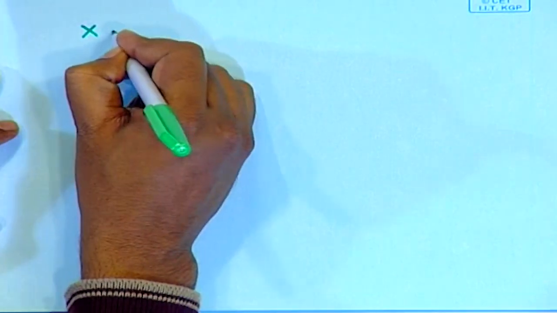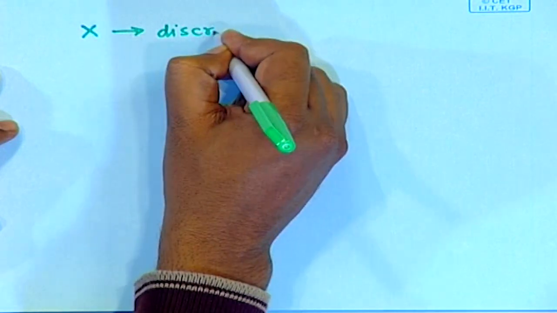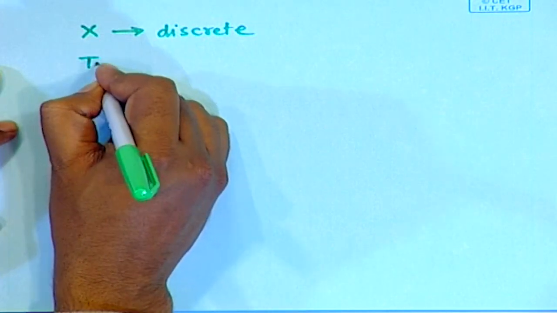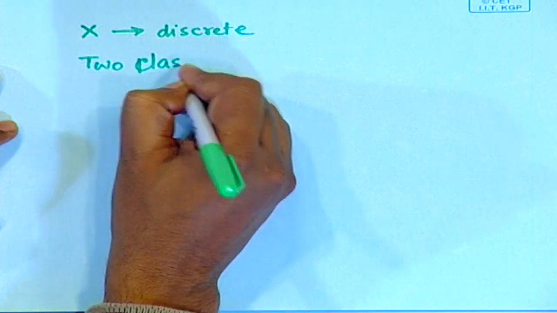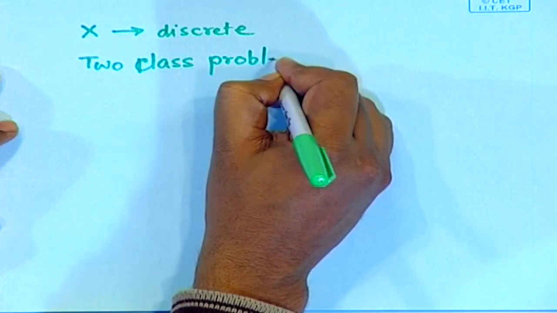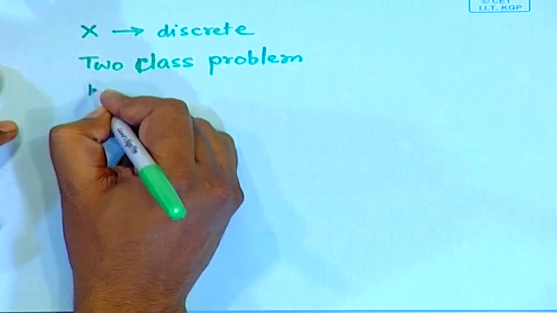So we will take a specific case of discrete feature vectors. Let us consider a case where we have our feature vector x, which will be discrete, and we consider a specific case of a two-class problem. The feature vectors we will assume to be binary feature vectors.